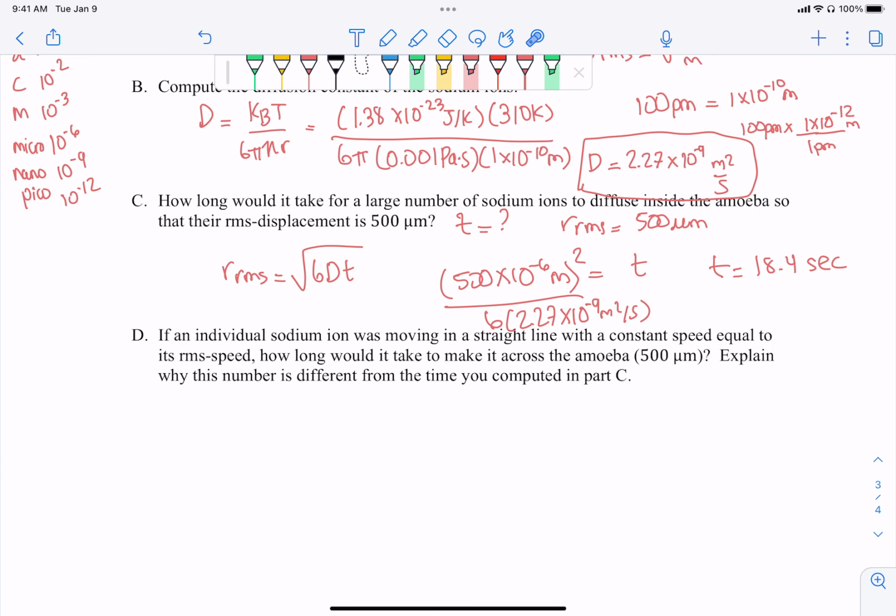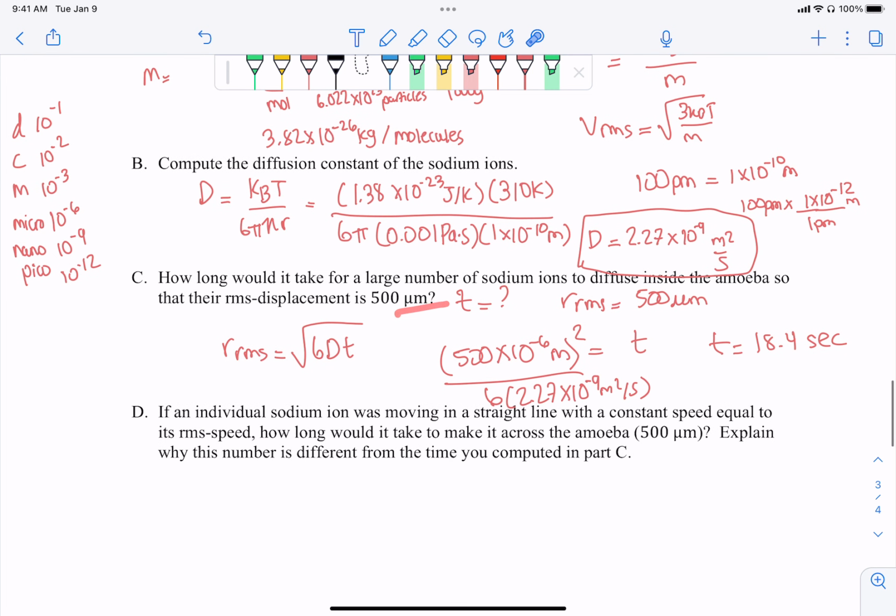Yeah, so it's in micrometers, right? If I wanted to convert that to meters, I do 500 micrometers times 1 micrometer is 1 times 10 to the negative 6 meters. So 500 times 10 to the negative 6 meters.